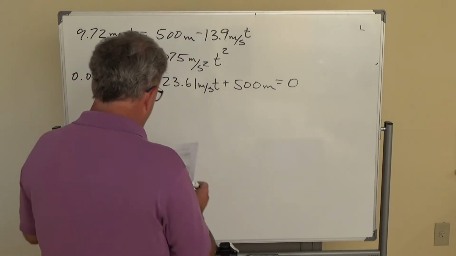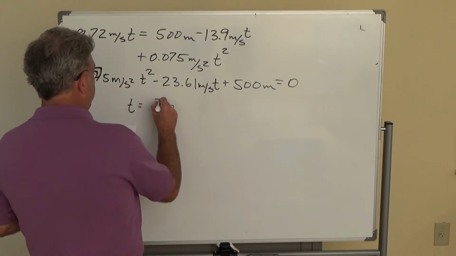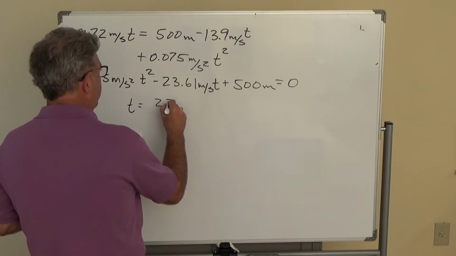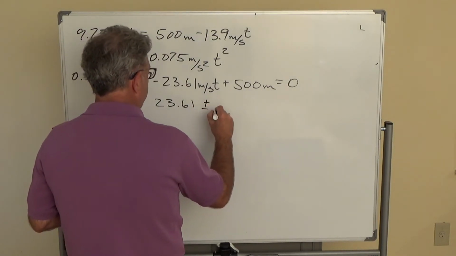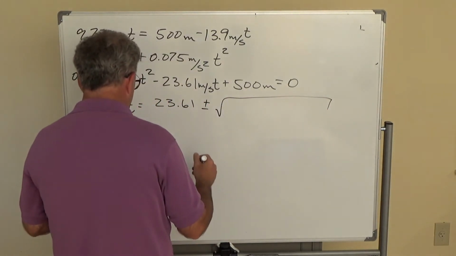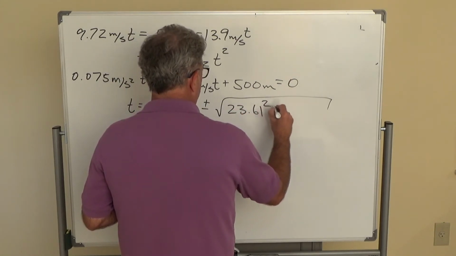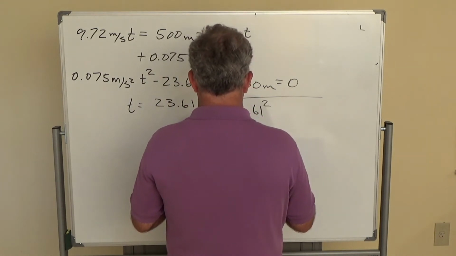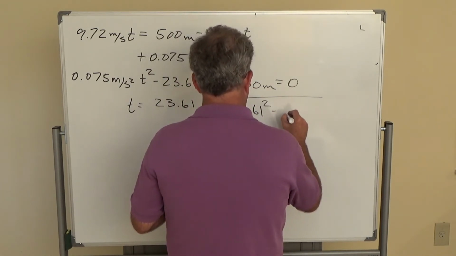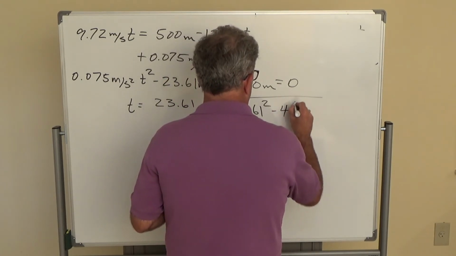So writing it out, I get t from the quadratic formula, negative b, so I get 23.61 plus or minus the square root of b squared, I'm suppressing the units here, so I'm solving for the numerical value, minus 4ac.